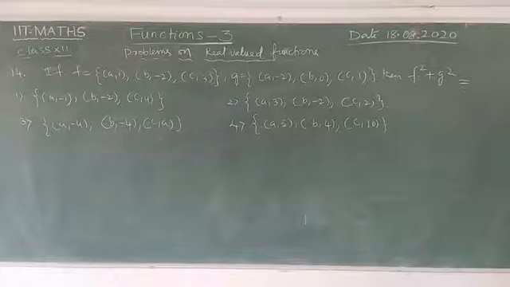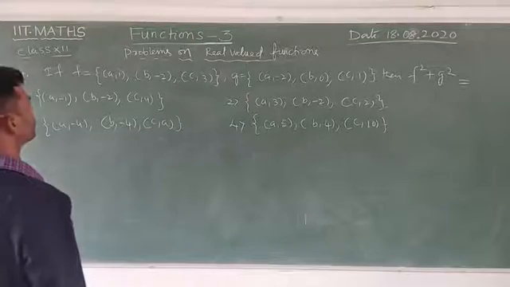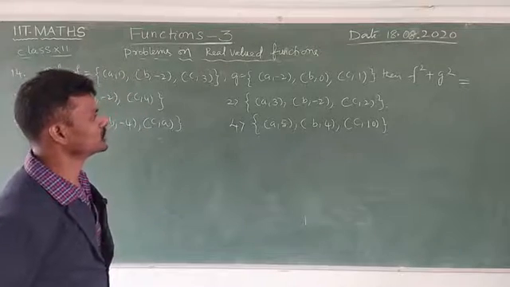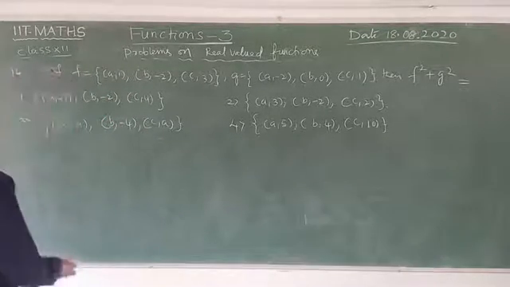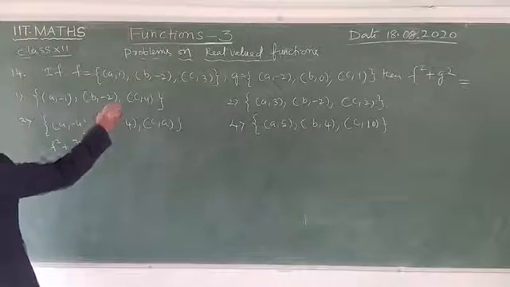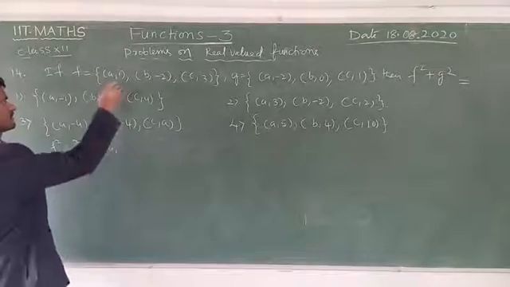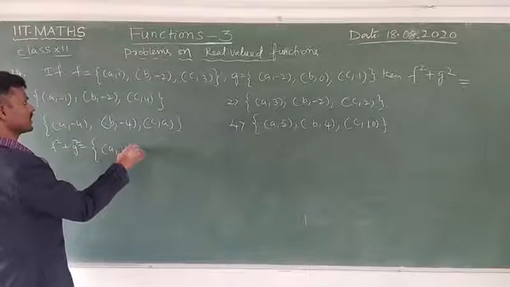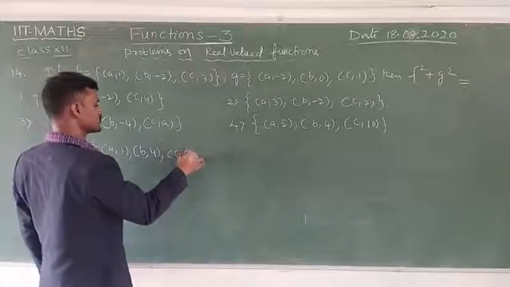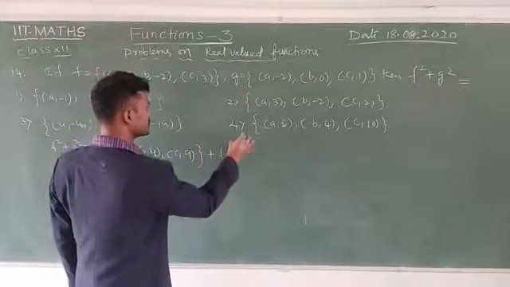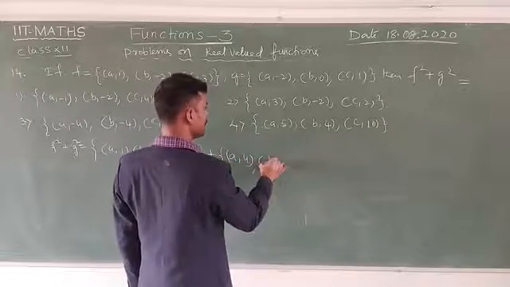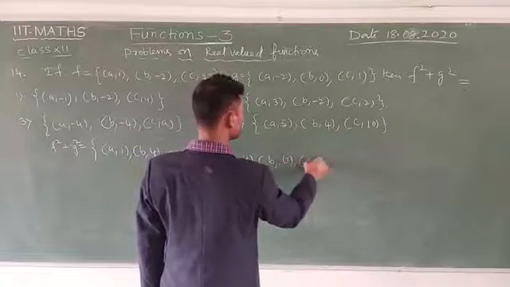Okay, next problem, 14th one. If f is equal to set of (a, 1), (b, -2), (c, 3) and g is equal to (a, -2), (b, 0), (c, 1), then f square plus g square. It is also very easy. F square plus g square is equal to here a 1, here f square 1 square is 1 and b 2 square is 4 and c 3 square is 9 plus here g square, here a and 2 square is equal to 4 and b 0 square is 0 and c 1 square is 1.